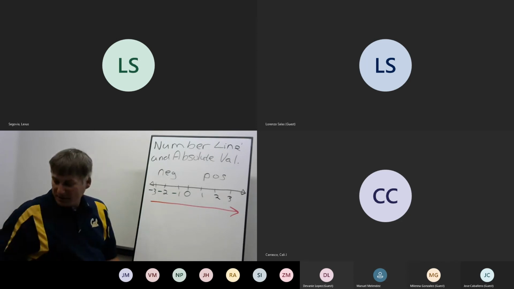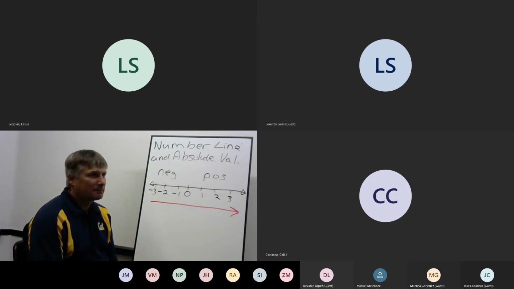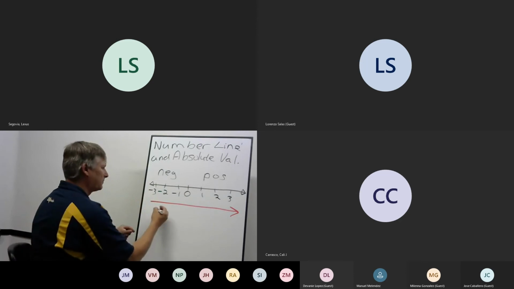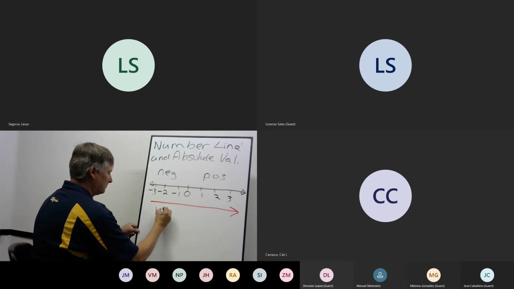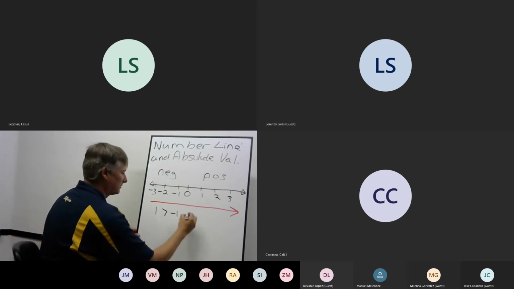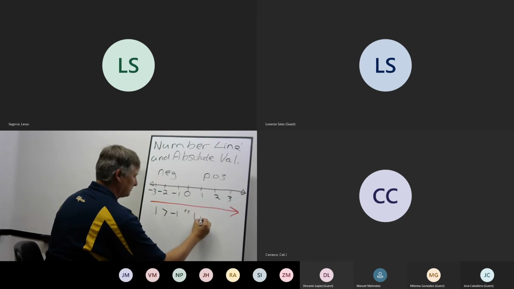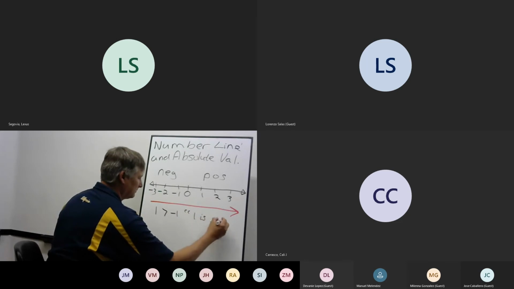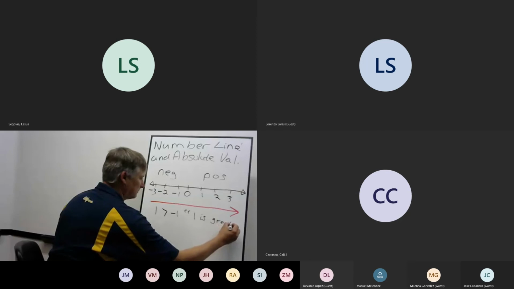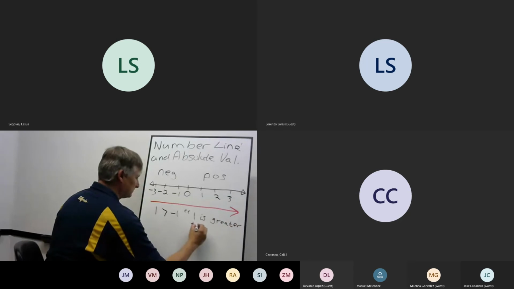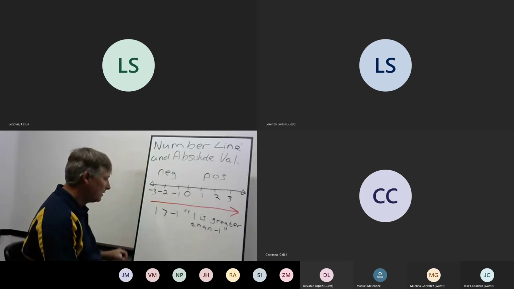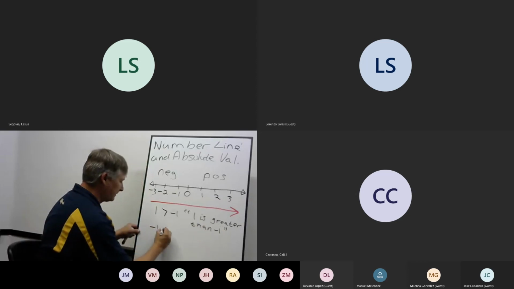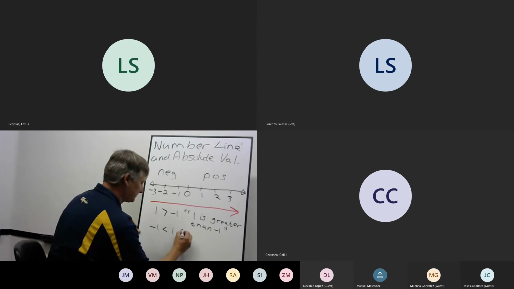So we're talking about these inequalities, and let me write these a little more formally. So what we can say is 1 and -1. 1 is greater than -1. Or we can say -1 is less than 1.